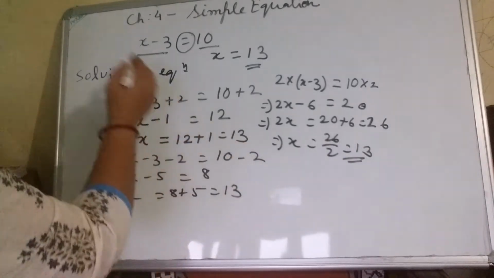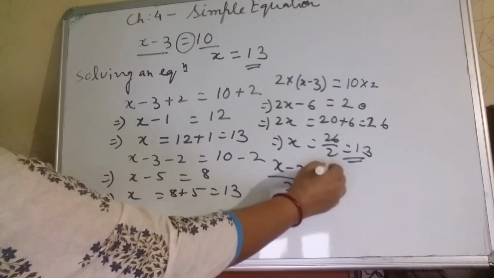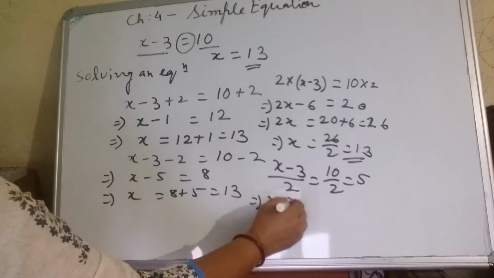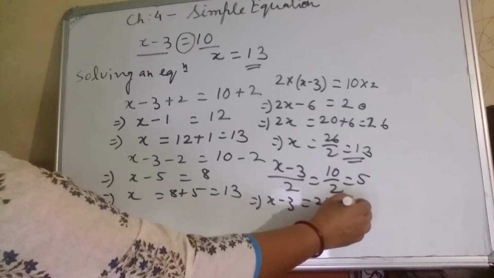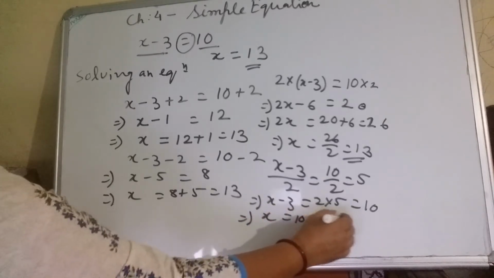Same way, if I divide this equation by 2, x minus 3 by 2 equals 10 by 2, it is 5. So x minus 3 equals 2 into 5 is 10, so x equals 10 plus 3 equals 13.